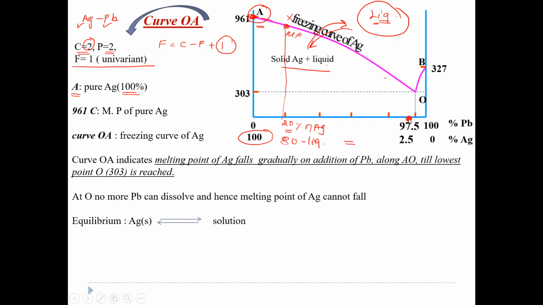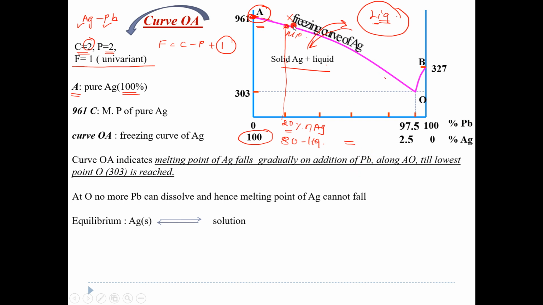And you know, in solids, if any impurity is present, the melting point of that solid decreases. So similarly for silver, if it was pure silver, the impurity that you are adding in silver is lead. So the melting point goes on decreasing. Getting it? So curve OA indicates melting point of silver falls as percentage of lead increases.